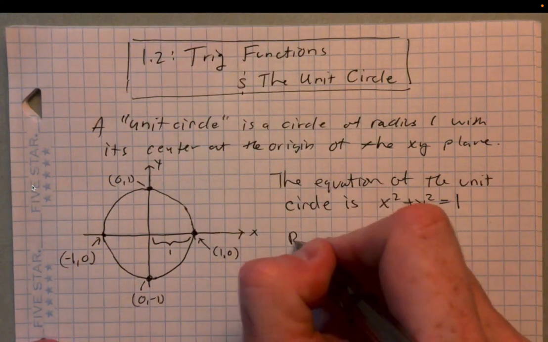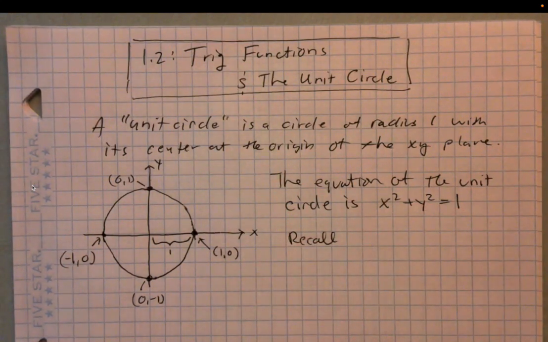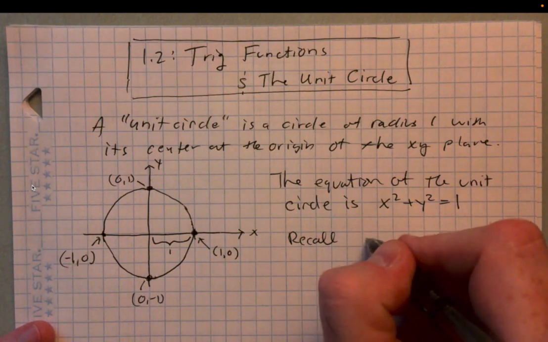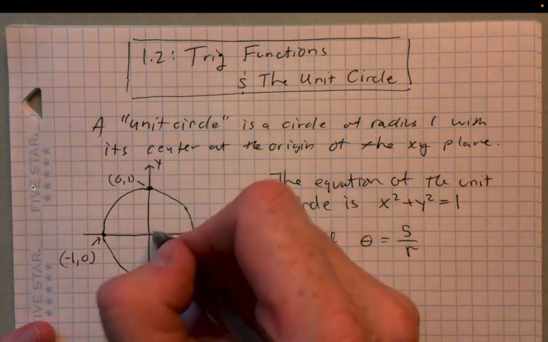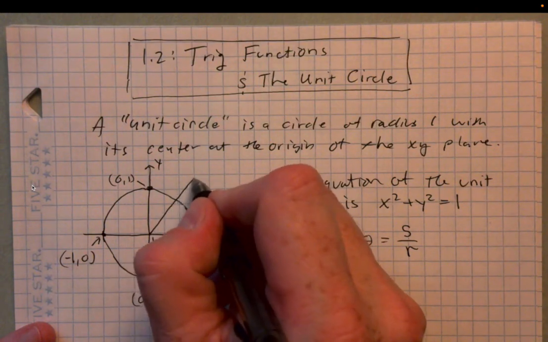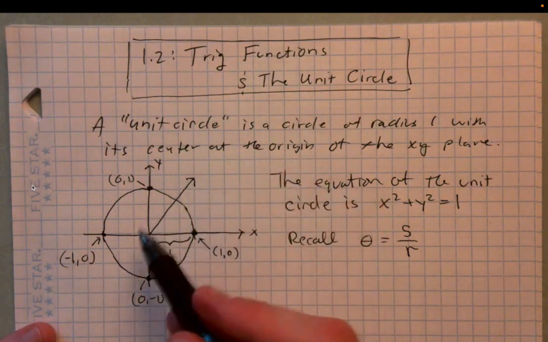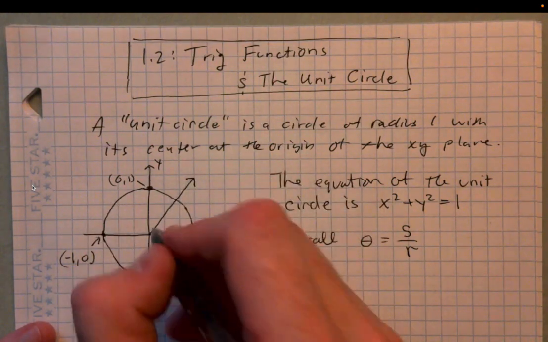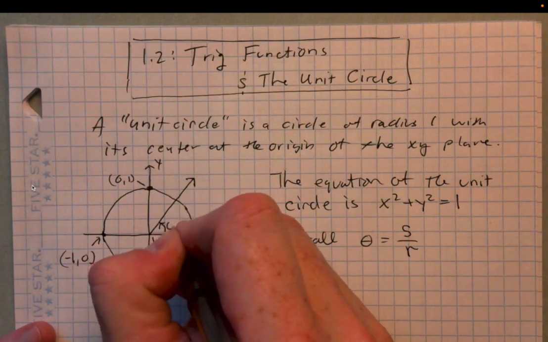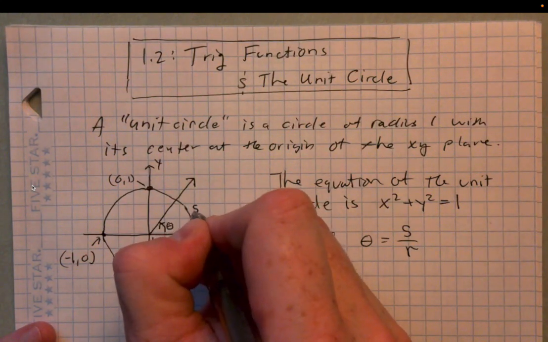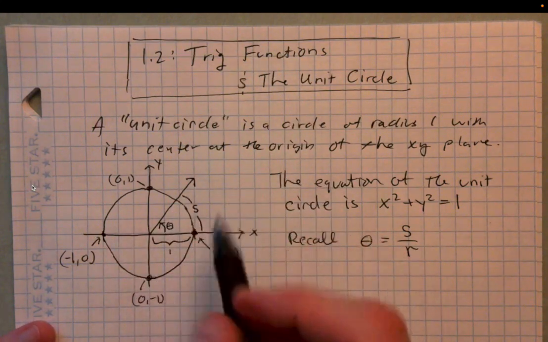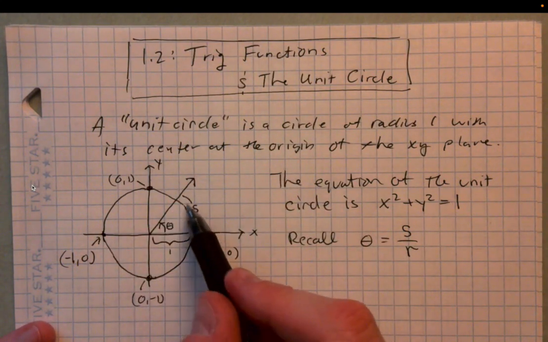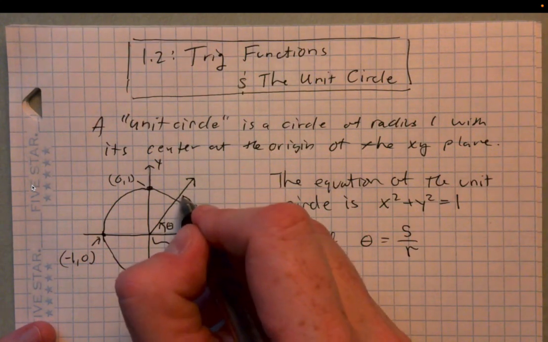Then remember, in the last lecture, we said that theta was equal to s over r. Now, what was s? If I draw any intersecting arc, I'm just drawing it here for convenience, but it could be anywhere on the circle, it's going to sweep out some angle theta. When you sweep out that angle theta, you're simultaneously sweeping out an arc of length s.